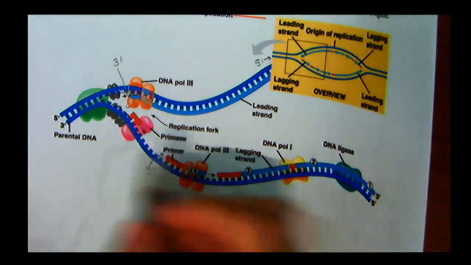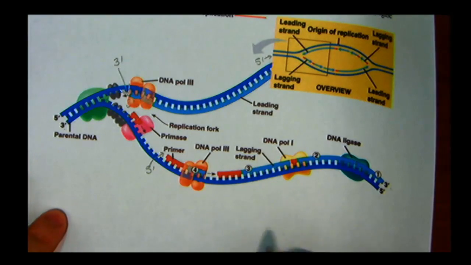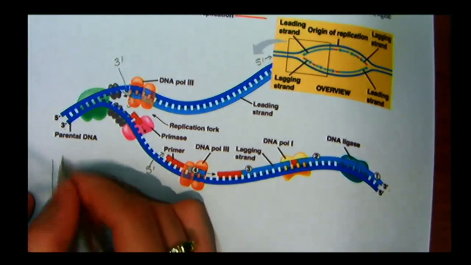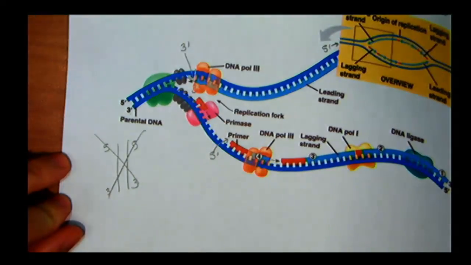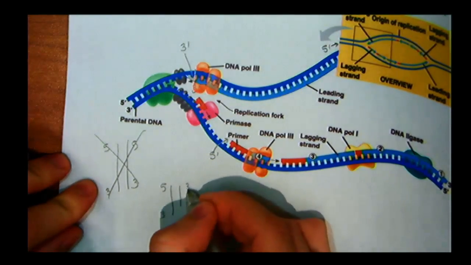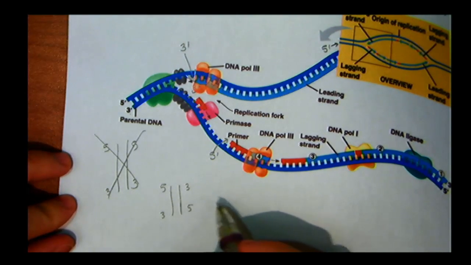So it can be growing 5 to 3 to the right or 5 to 3 to the left. That doesn't matter, as long as you're growing towards the 3' end, because back up here is the 3' end, which has that OH in both RNA and DNA. This is probably the most important part of the nucleotide, because if you don't have this 3' OH, you can't add any bases.